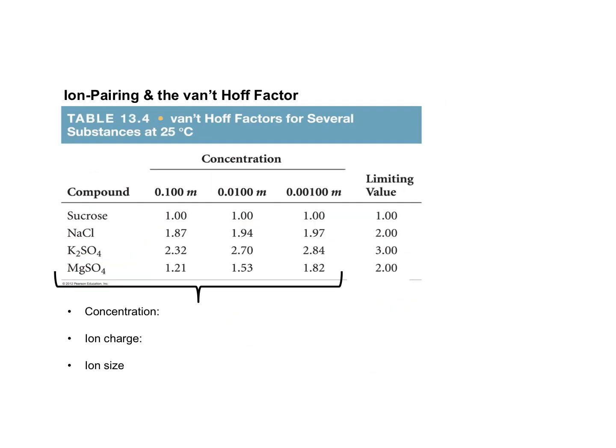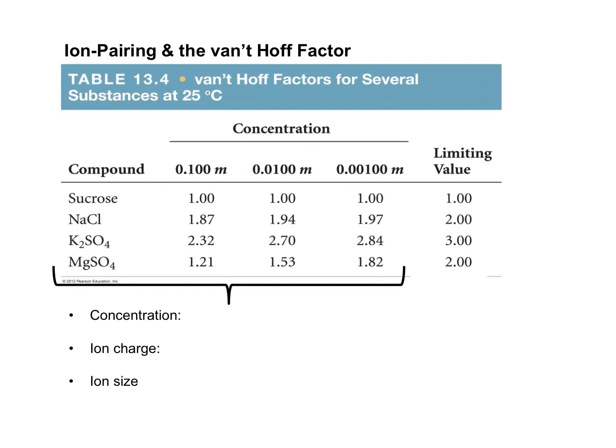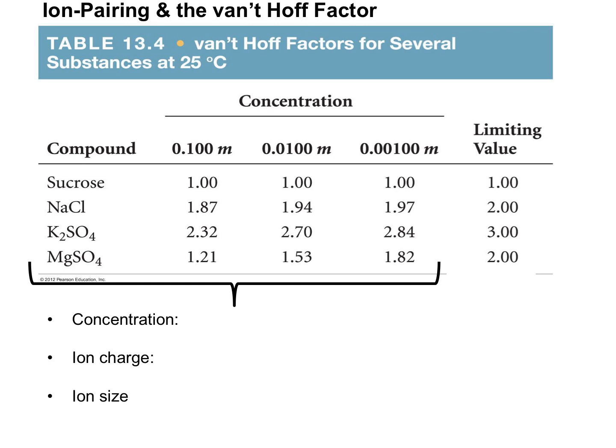So if we look at the completed table, we can look at some trends. Again, with increasing concentration, going from the right-hand side of the table to the left-hand side, we'll see that the Van't Hoff factor decreases.